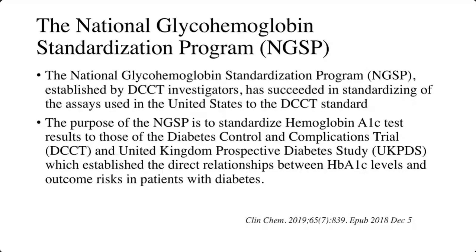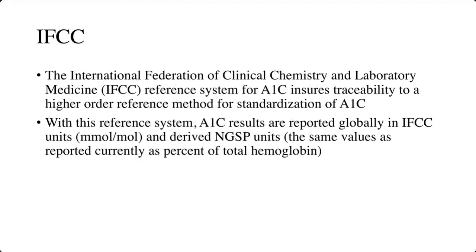So there was a need for another method to standardize the hemoglobin A1C to the same DCCT, and that's why they came up with the NGSP program. And there is another one called IFCC, which was applied only in recent years.